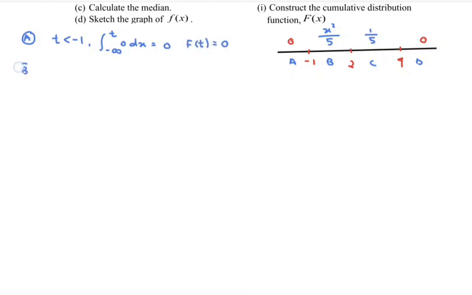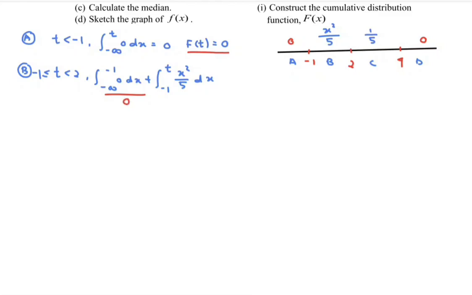Next, focus on part B. So t is greater than or equal to negative 1 and less than 2. So integrate from negative infinity to negative 1 of the function 0 dx, and then plus the integral from negative 1 to t of the function x squared over 5 dx. If we substitute negative 1, we will have 0.